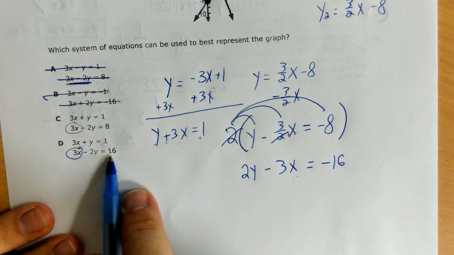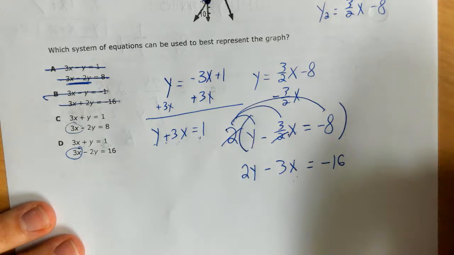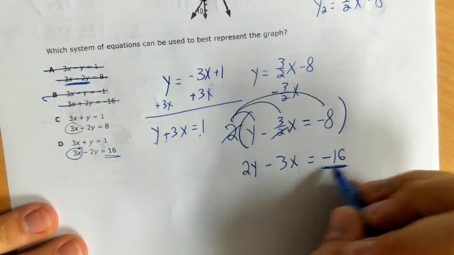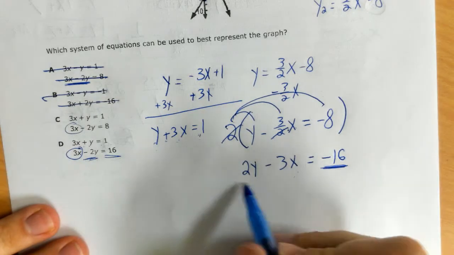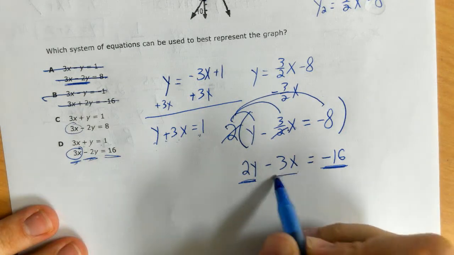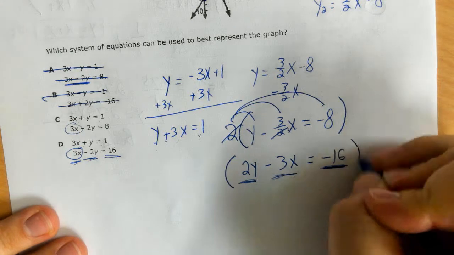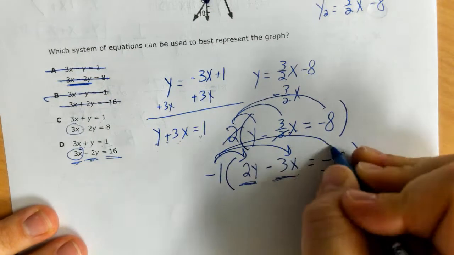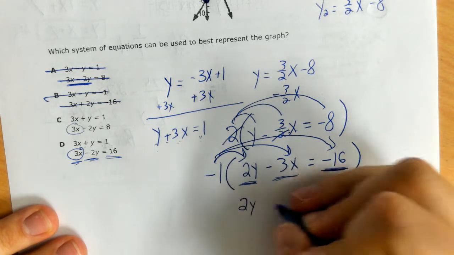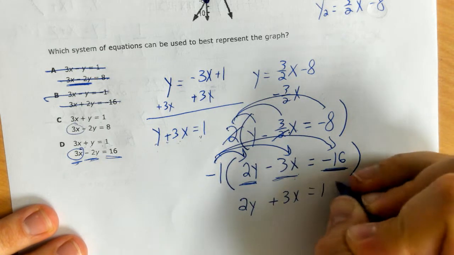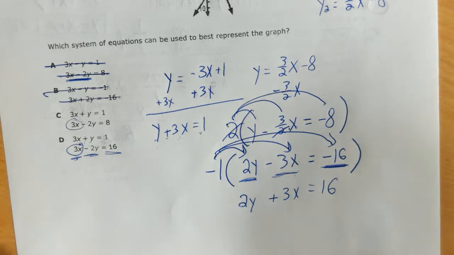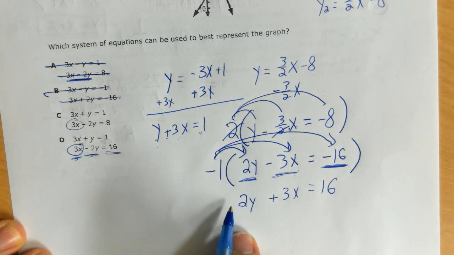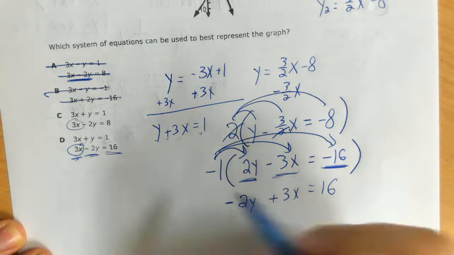3x minus 2y equals 16. So I'm close here with the 16, but my 16 is negative. My 2y is positive, and my 3x is negative. So everything's backwards. So now I'm going to multiply by a negative. So I get 2y plus 3x equals 16. Negative 2y, negative 1.